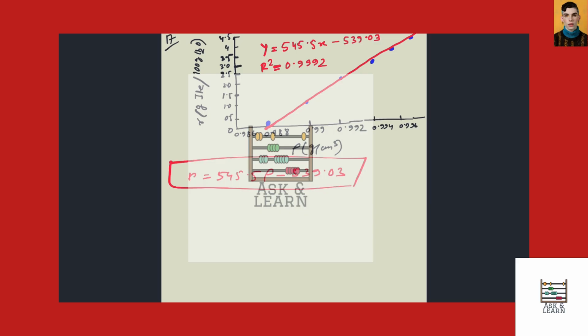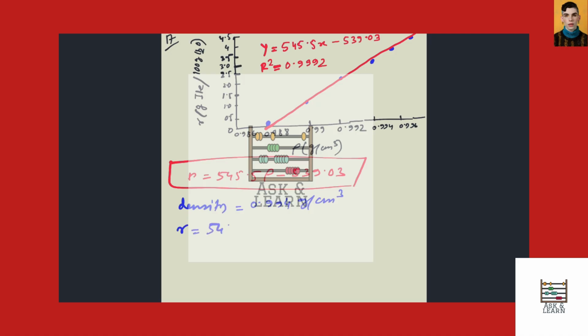Next we need to estimate the mass flow rate. It is given that the density is 0.994 gram per centimeter cube for isoleucine. Therefore let's calculate the mass ratio.